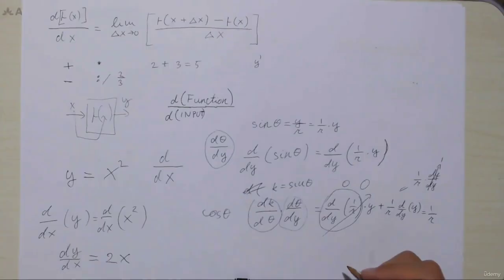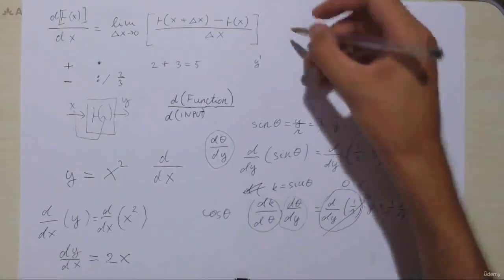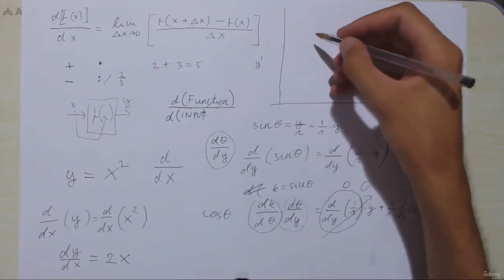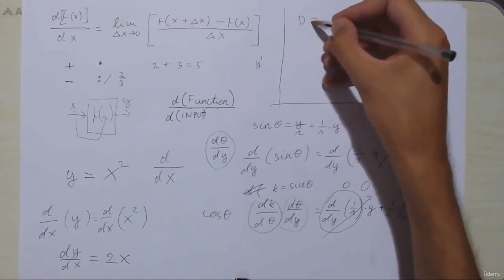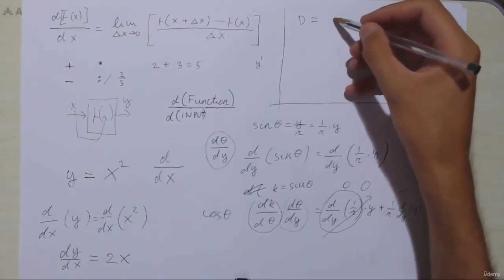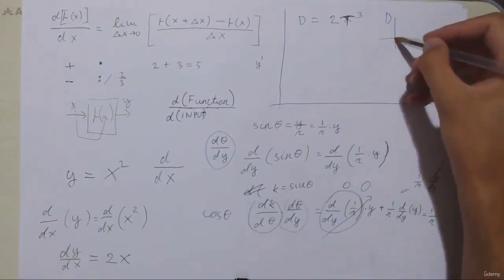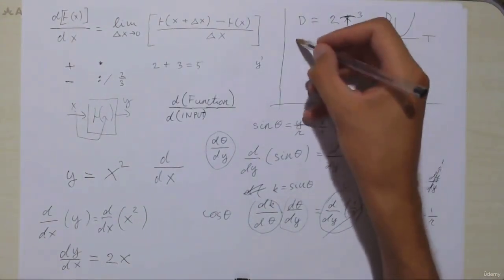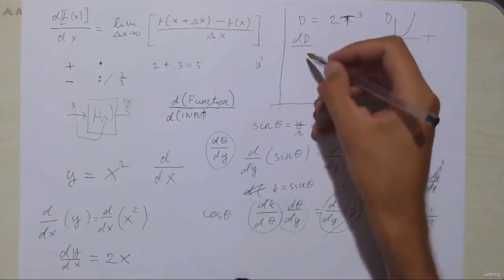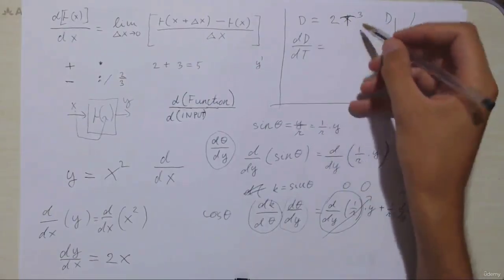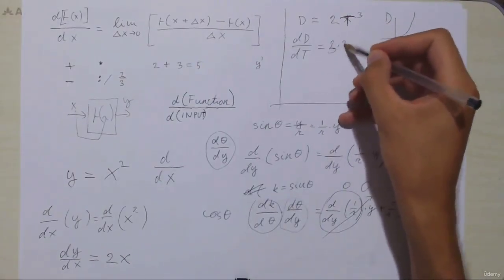And the other thing that I want to mention very quickly is that, can you take a derivative of a function only one time? Well, not really. Let's say that we have, again, this airplane example, but now let's say that we're going to have distance that equals 2 times time cubed. And then if we take the derivative of d with respect to time, well, we would get 3 times 2, which is a power rule.